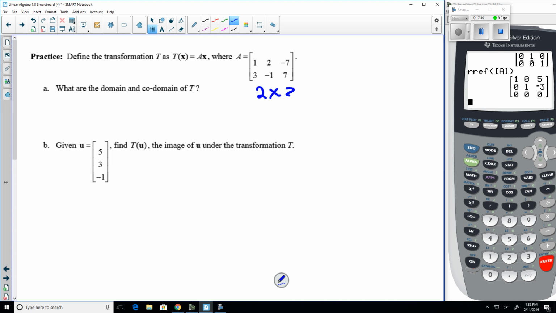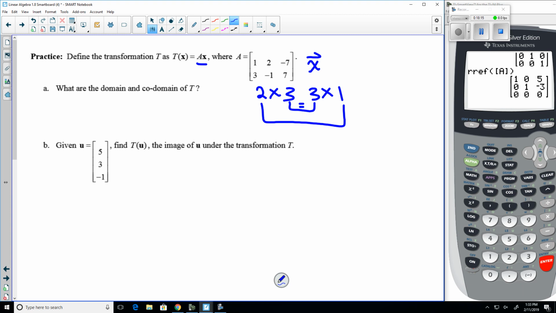2 by 3, right? It's got 2 rows and 3 columns. And if we multiply by an X, that's how we do the transformation. What size does it have to be? It has to be 3 by 1, right? So these have to be the same. And this is what kind of vectors pop out.